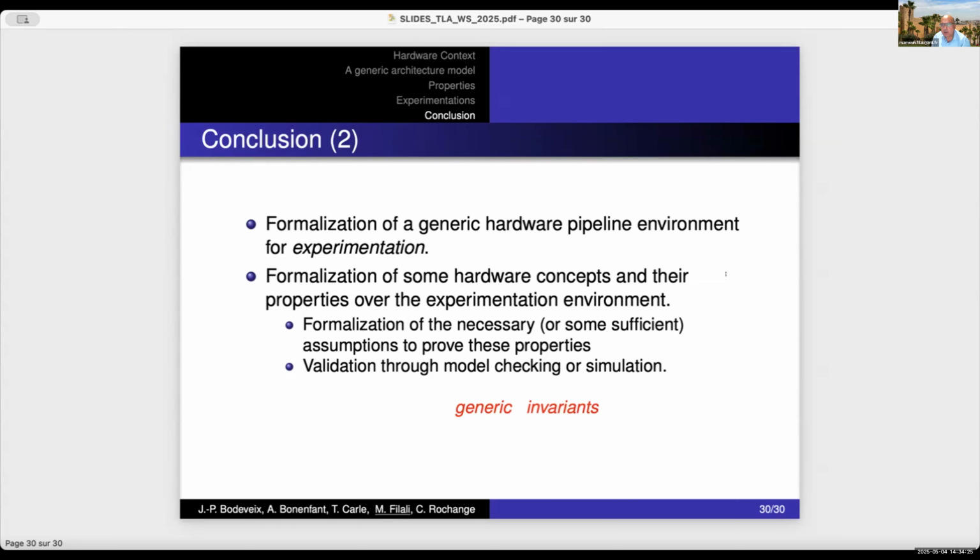It is called Otawa, and it is mainly for real-time systems, and it is available over the web, and you can make worst case execution time analysis thanks to this tool.